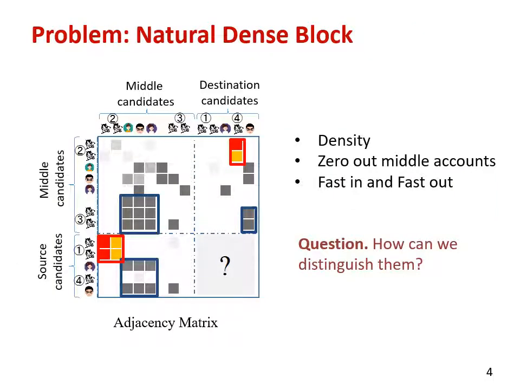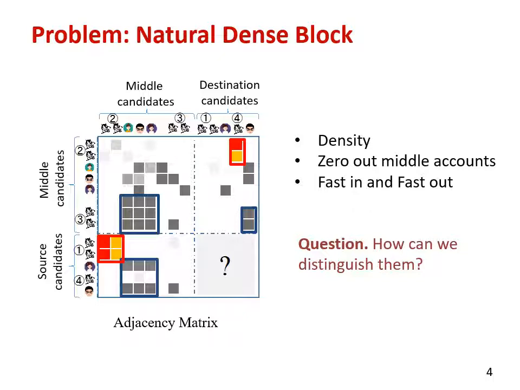Here we summarize three typical characteristics of money laundering: density, zero-out middle accounts, and fast in, fast out. Density means intensive transfers will form dense blocks in the network. Zero-out middle accounts refers to the middle account being regarded as a bridge in money laundering. Most of the received money will be transferred out. Fast in and fast out means the above process is usually done within a very short interval.